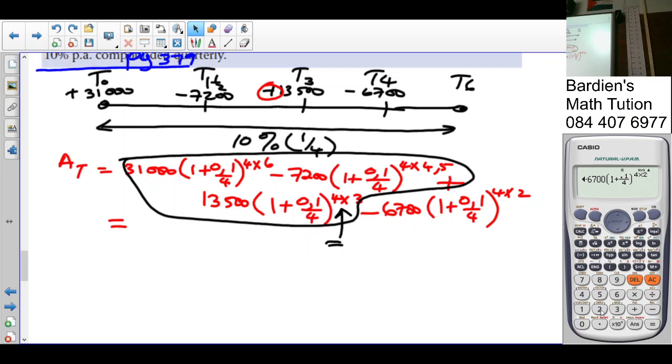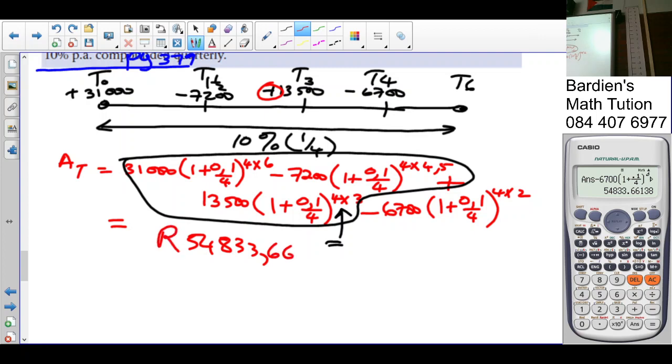Now you can tell your friends, we're calculating things that the calculator can't even handle any longer. So that's going to give us 54,833 rand and 66 cents. Right, you guys understand? Okay, let's just confirm that answer. Is that correct? Very right.